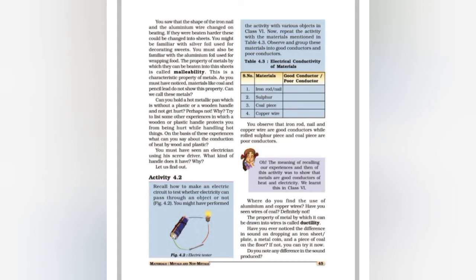We can say that plastic and wood are bad conductors of heat. That's why the handles of frying pans, or cookware that we use in a kitchen, are made of wood and plastic instead of metal, because metals are good conductors of heat.